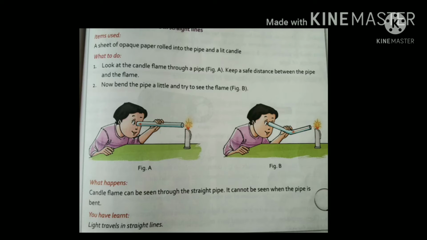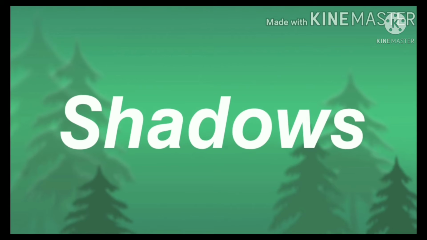Yeah, the candle flame can be seen only through the straight pipe, but it cannot be seen when the pipe is bent. From this, what did you learn? Light travels in straight lines. Are you clear? Okay.